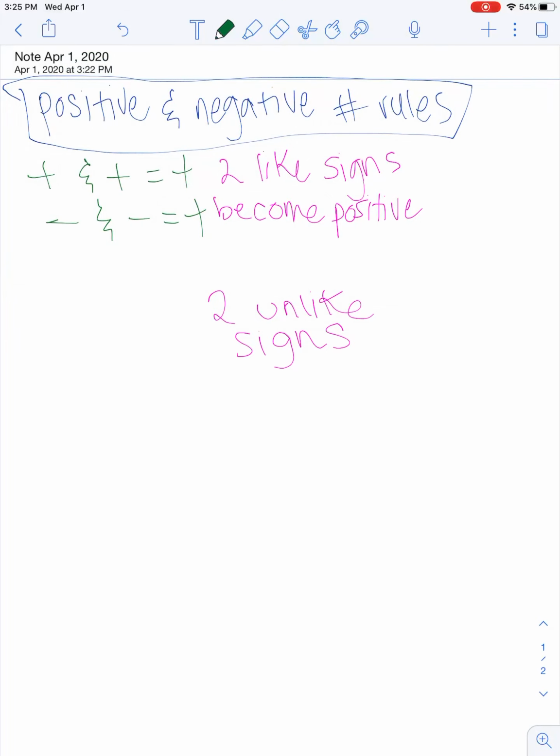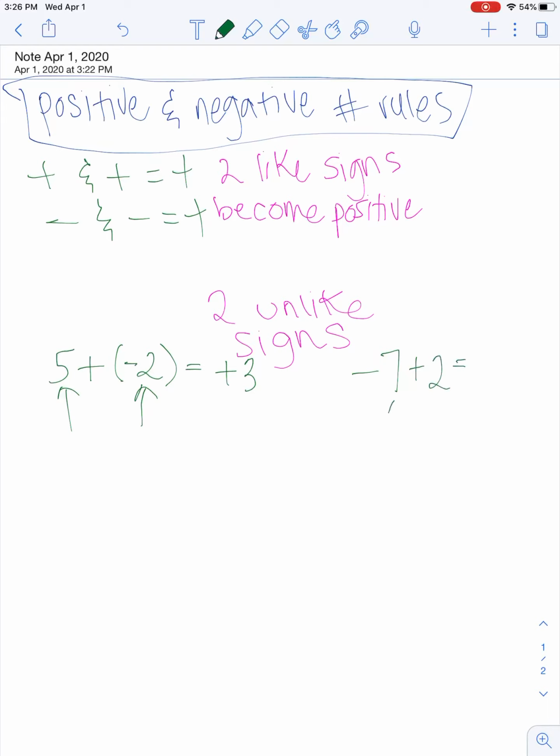If you have, let's say, a 5 and you're adding it to a -2, the -2 is the smaller number and this is the bigger number, so your answer will remain positive, but you're still taking away 2 because it's a -2. So that's +3.